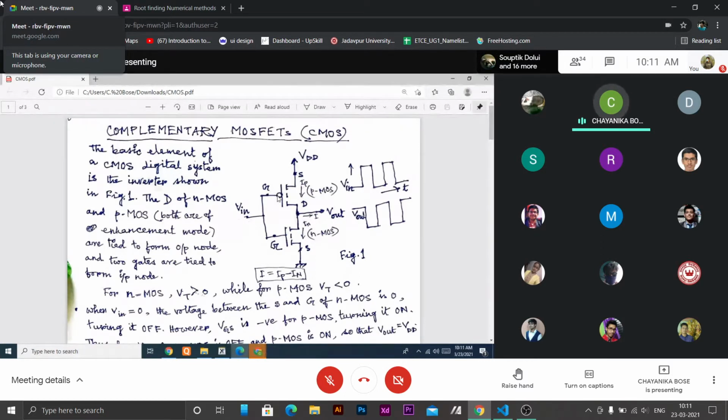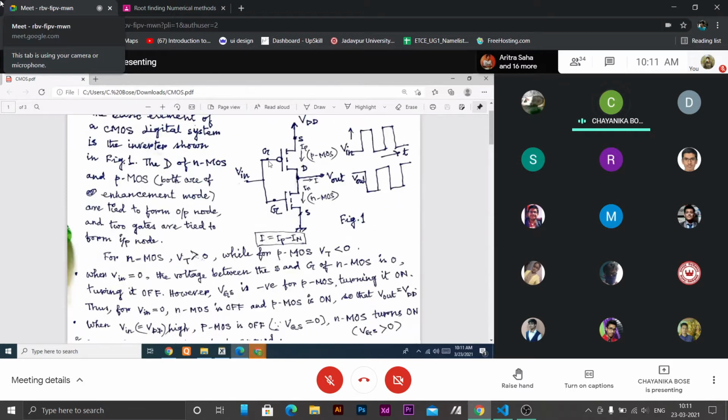So this is PMOS because we have used a bubble here. This is the complement of that one. And these are the two sources. The source of NMOS is grounded and the source of PMOS is connected to the supply voltage, VDD. In your lab experiment, VDD was 5 volt, 10 volt, 15 volt. There were 3 runs for 3 different input voltages.